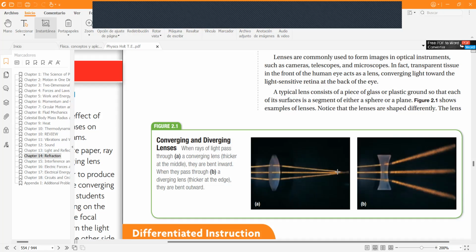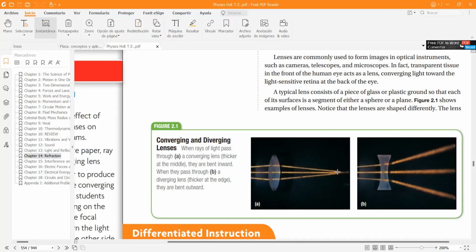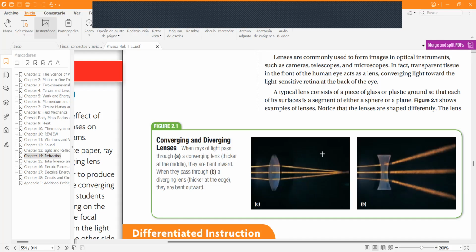Different from example B: when light rays pass through a divergent lens, which is thicker at the edge and thinner here in the center, these light rays are bent outward. When this occurs, it allows us, through a ray diagram, to predict how the image is going to look.